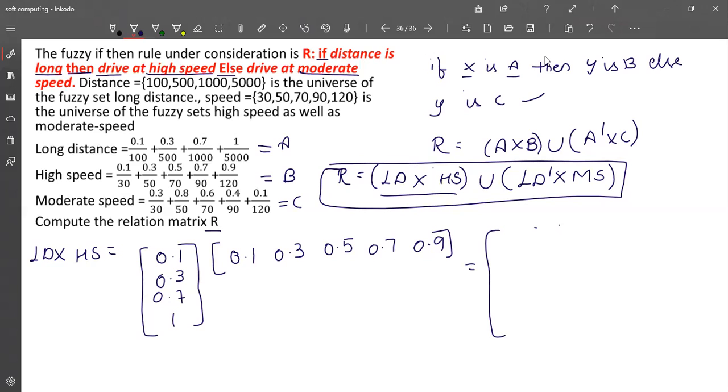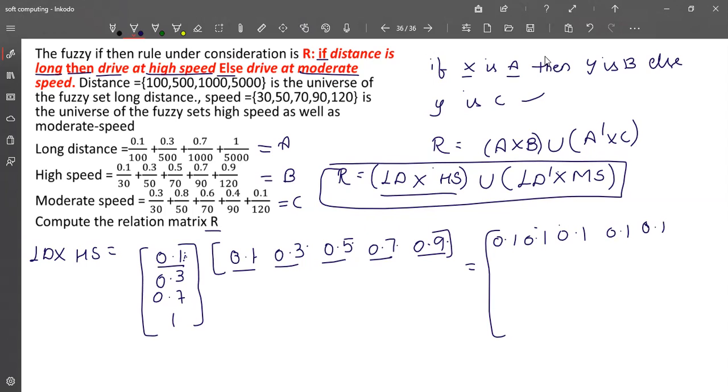Now compare this 0.1 with 0.1, 0.3, 0.5, 0.7, 0.9 and write which is minimum. For 0.1 and 0.1, 0.1 is minimum; for 0.1 and 0.3, 0.1 is minimum; for 0.5, 0.7 and 0.9 also, 0.1 is minimum.